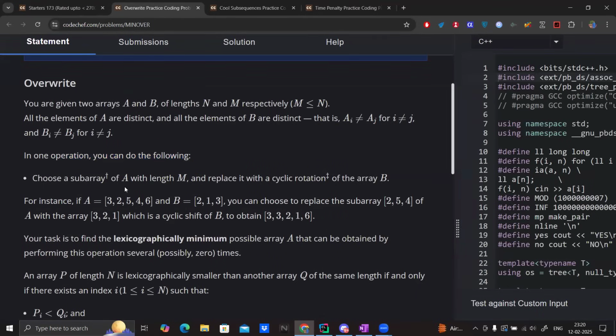Choose a subarray of A with length m and replace it with a cyclic rotation of the array B. For example, if A is 2, 3, 3, 2, 5, 4, 6 and B is 2, 1, 3, then you can choose to replace the subarray with the array 3, 2, 1, which is a cyclic shift of B, to obtain 3, 3, 2, 1, 6.